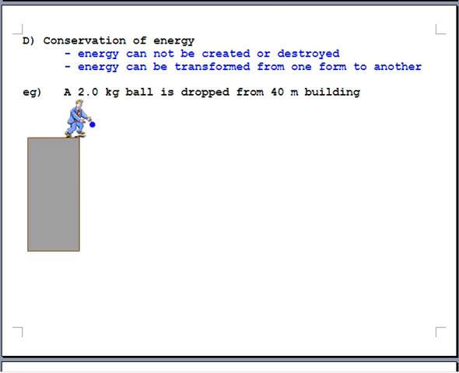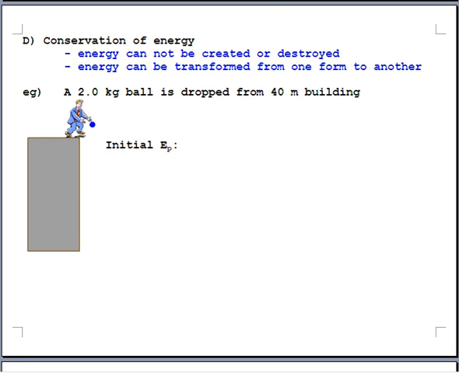So for example, looking at conservation of energy, let's think about Joe, safely harnessed on the top of this 40-meter tall building, and he's going to drop a 2-kilogram ball off of that building. Initially, he's just standing there on the edge, holding the ball out over the edge of the building. We'd say initially, that ball has all potential energy.